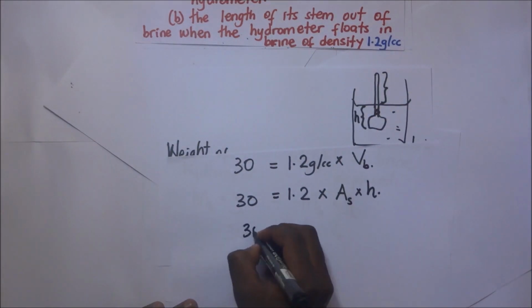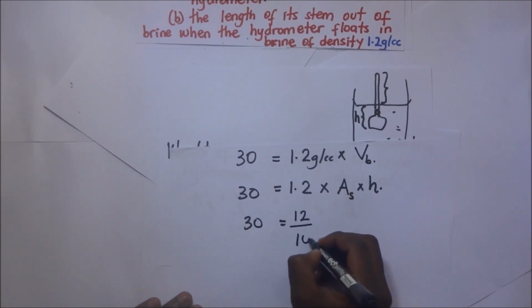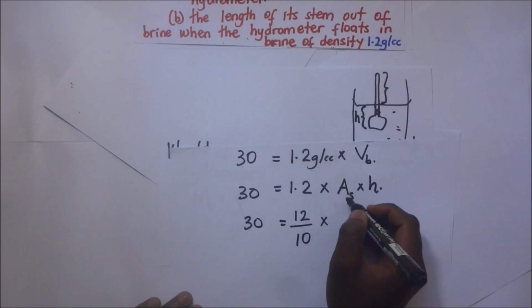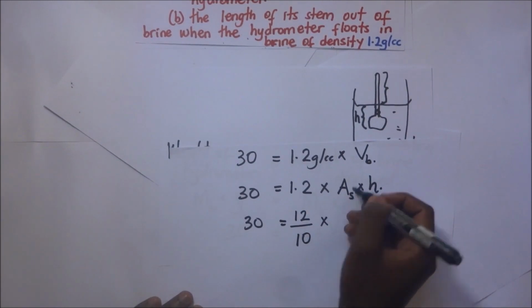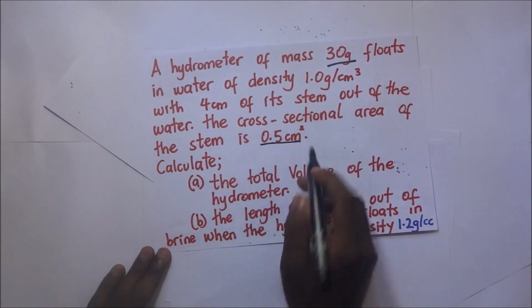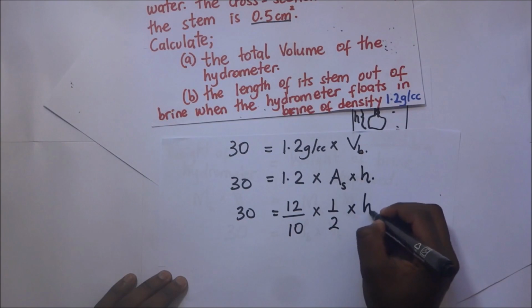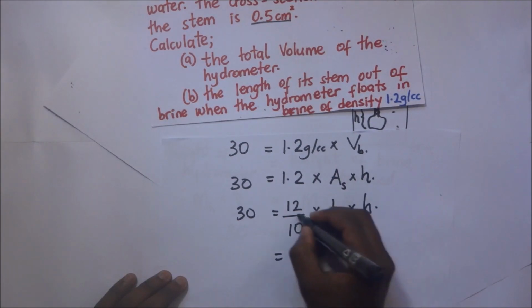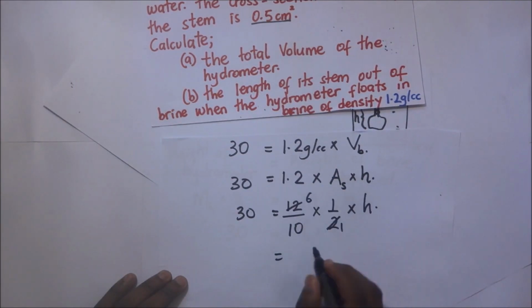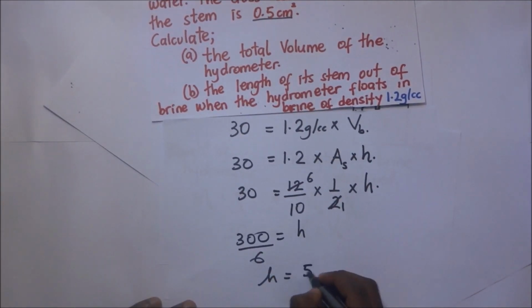So this is going to become 30. It's going to be 1.2, which is the same as 12 over 10, multiplied by the cross-sectional area of the stem. According to our question, the cross-sectional area is 0.5, which is the same as a half, multiplied by H. So this is going to become 6 by 50.